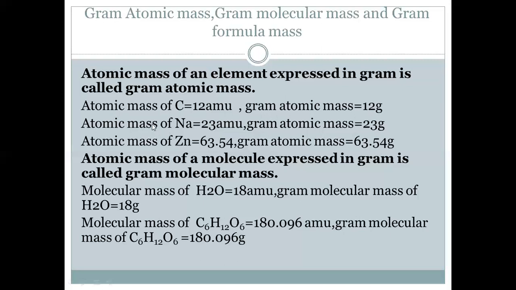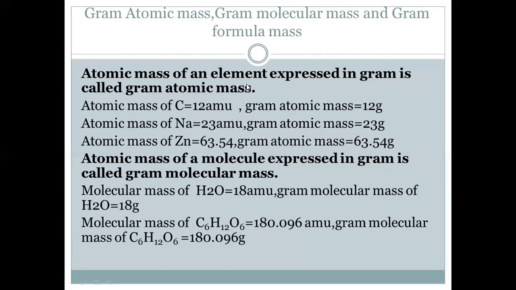Atomic mass of sodium from the periodic table is 23 atomic mass units, and if we represent it in gram, it is called gram atomic mass. Atomic mass of zinc is 63.54 AMU, but if we represent it as 63.54 gram, it is called gram atomic mass of zinc.